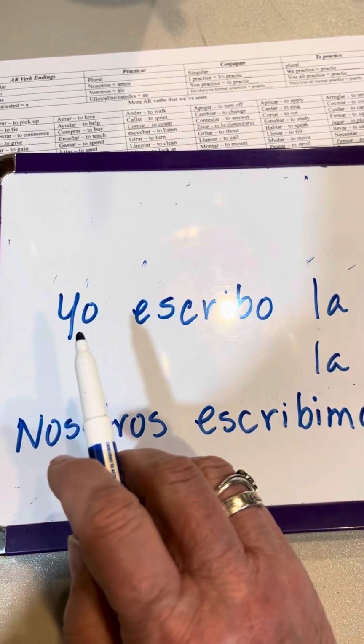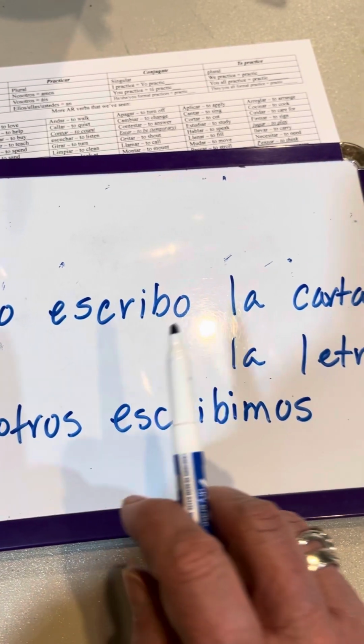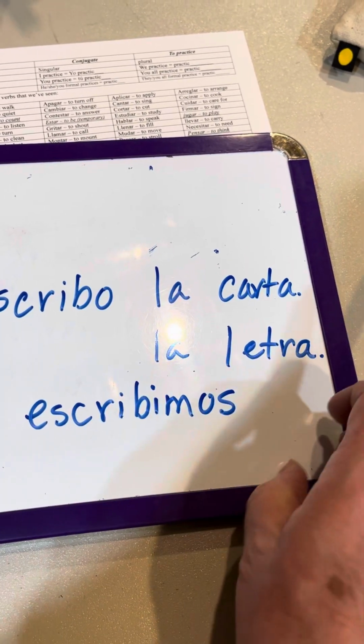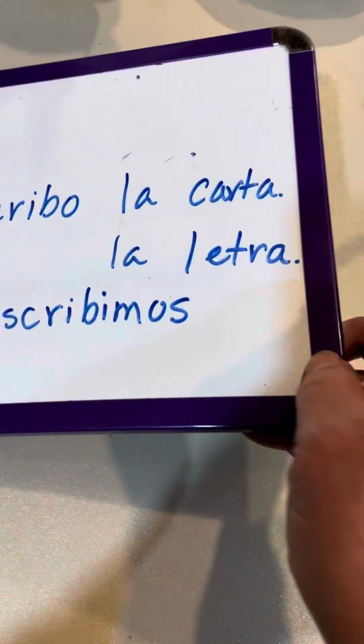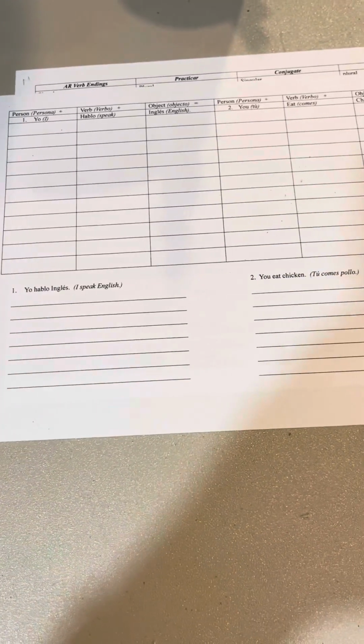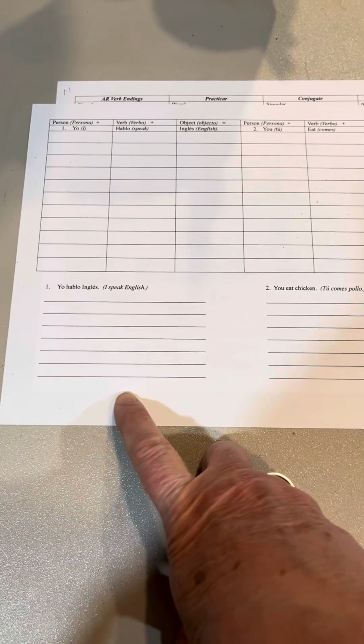Okay, so we take our person, we conjugate our verb, we add our object. So I put together this little sheet here. All right. And this is something that you can easily do. We did it last night in class too.